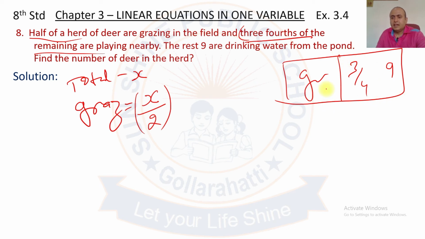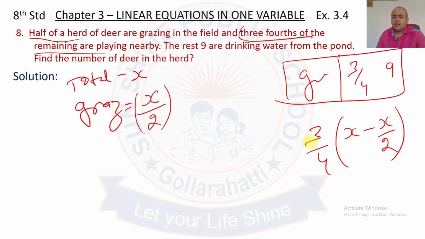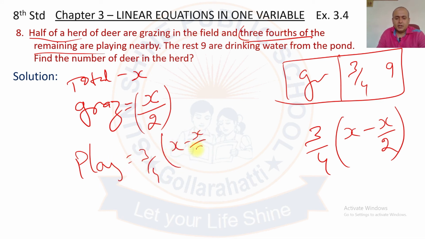To get 3/4 in the remaining half, we take x total minus half, that is x minus x by 2, and multiply by 3/4. Then we get playing. So playing is 3/4 into x minus x by 2. And the rest 9 are drinking water.